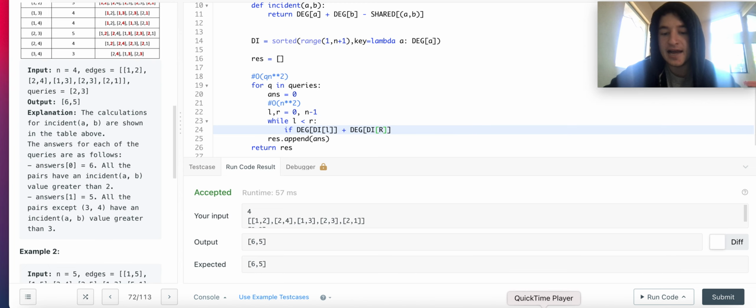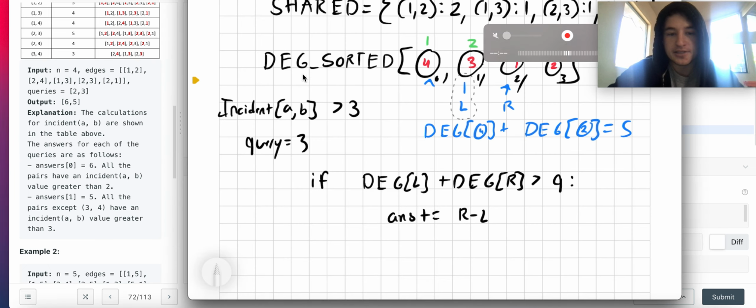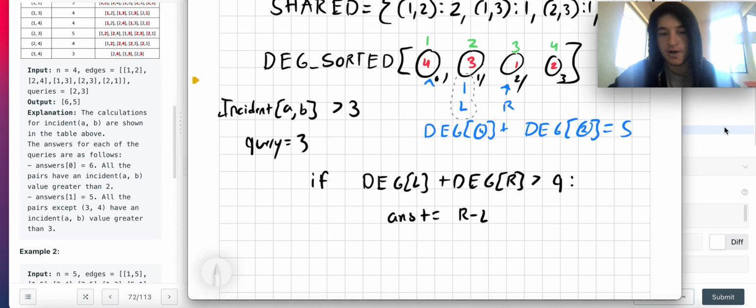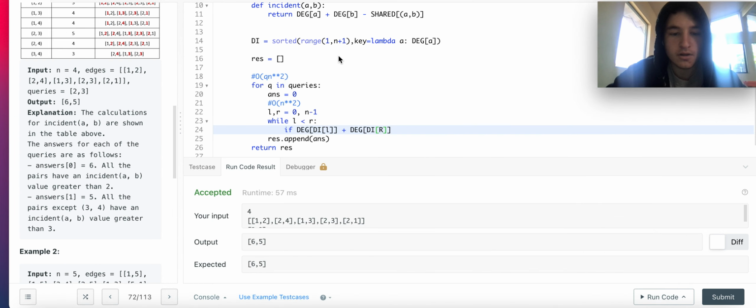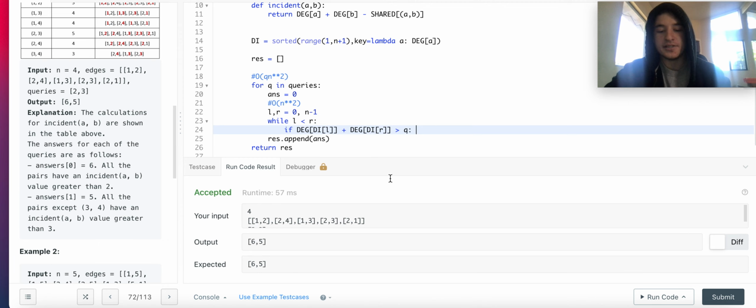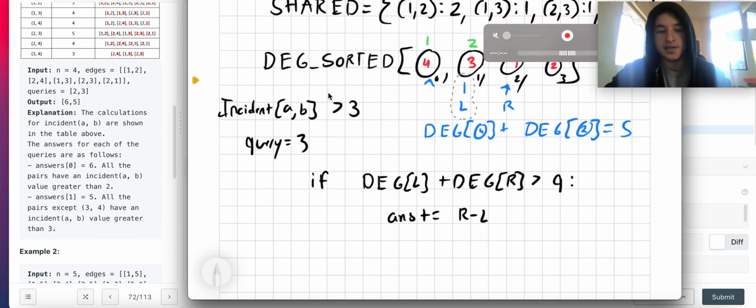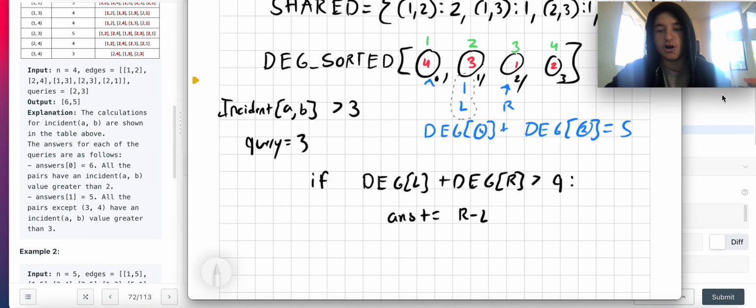So di is basically this degree sorted thing here, where each vertex is inside of the array. So if the degree of di at L plus R is greater than Q, well, then it's the system that we had here. We established then answer plus equal R minus L, and we want to decrease R.